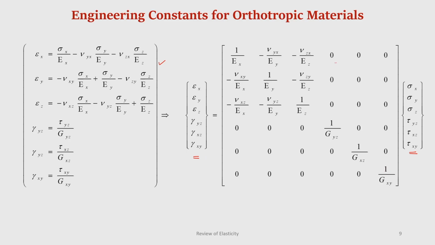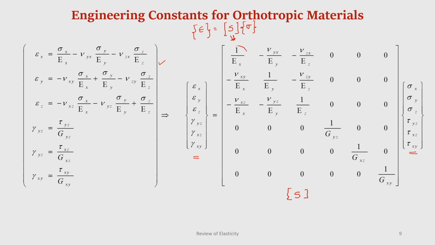Of course, here the shear extension coupling terms and shear-shear coupling terms are 0. The strains are expressed in terms of stresses by means of the compliance matrix. Therefore, this is the compliance matrix.